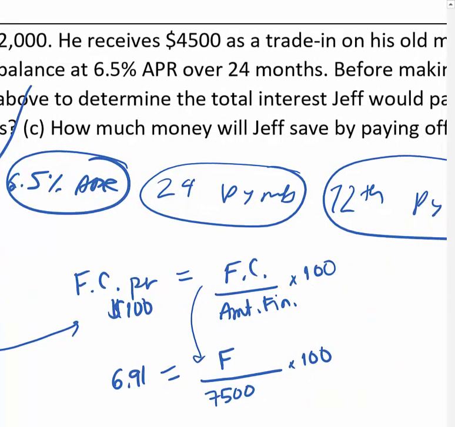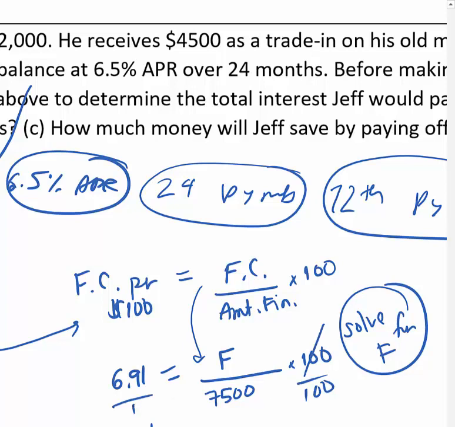Alright, so I can solve this for F to find the finance charge. I just need to move everything over. I can divide both sides by 100, and that'll move that 100 over here. And then you want to get F by itself, so since F is being divided by 7,500, I just need to multiply by it on both sides.